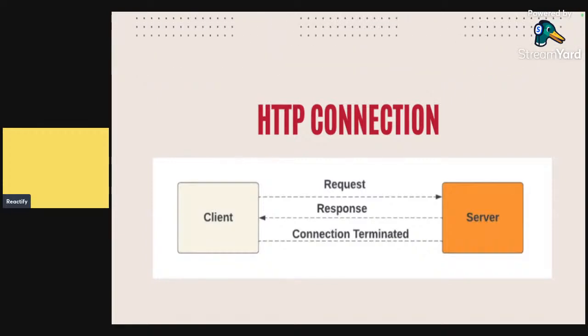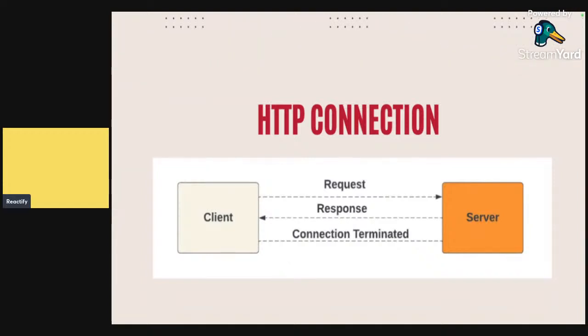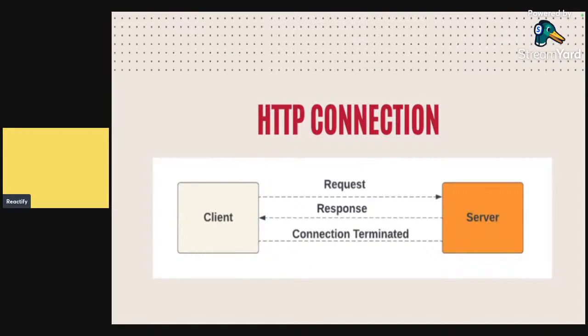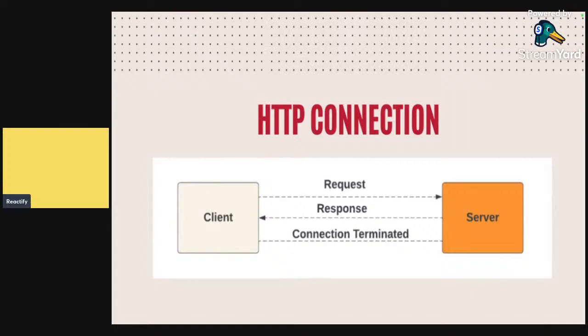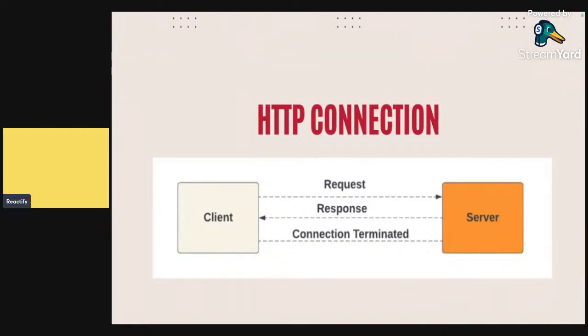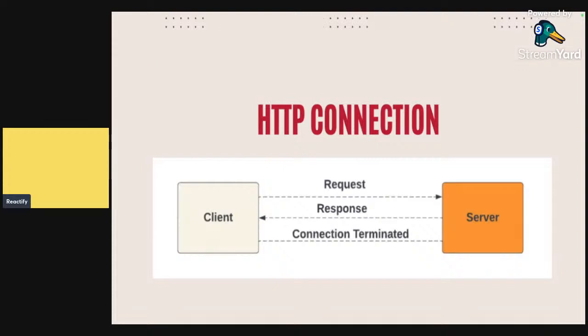As soon as the client gets the response, this TCP connection is terminated, or we can say it is closed. So if you want to get new data from the server, you have to call the API again, set up the TCP connection again, and follow this request and response cycle again, right?